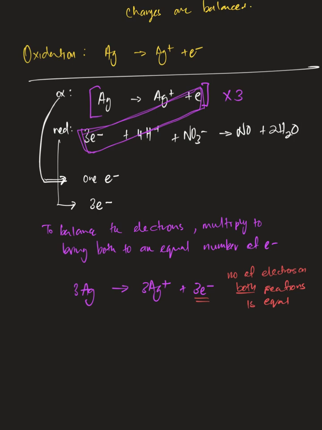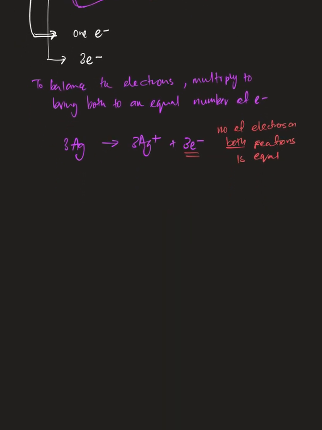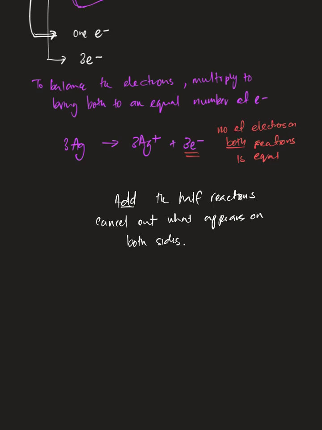Right, so all we've got to do is, the next step, we must add the half reactions. Let's add the half reactions and cancel out what appears on both sides. Right, so that's another step that must be taken.